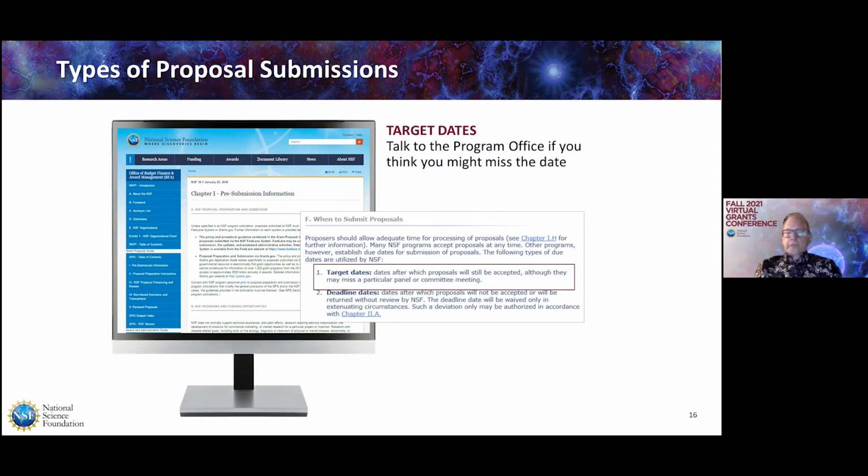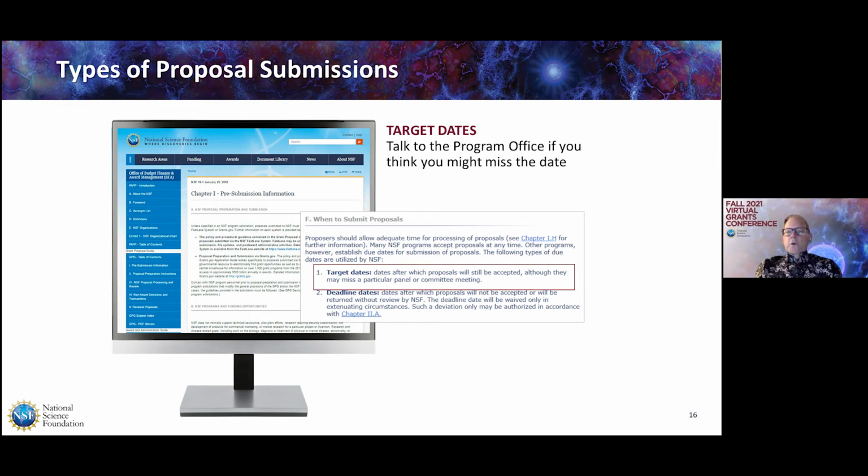In other cases, there are things called target dates or deadline dates. And target dates are pretty much what they say, that there is a target for when proposals should be submitted to the solicitation, but it is not a hard and fast deadline. So in fact, if you slip a little bit, proposals are likely to be accepted.